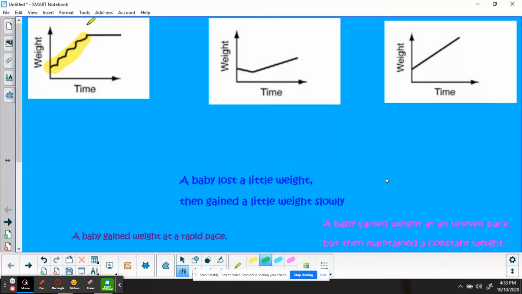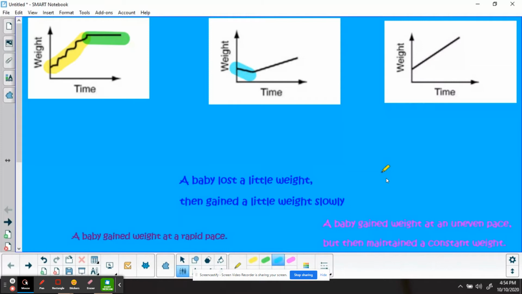But then in the second part of this graph, you can see that it actually evens out. That means as the time is passing, the baby's weight in this situation isn't changing at all. Okay, then if we look at the second graph, I see that it begins with a slight decrease.